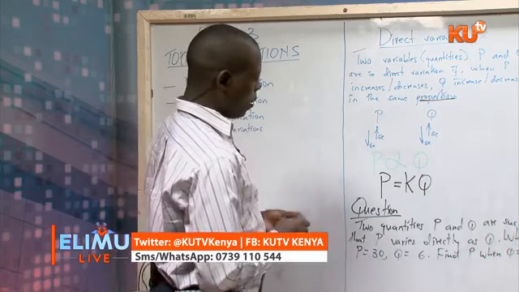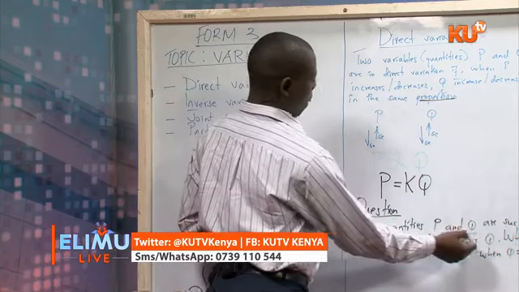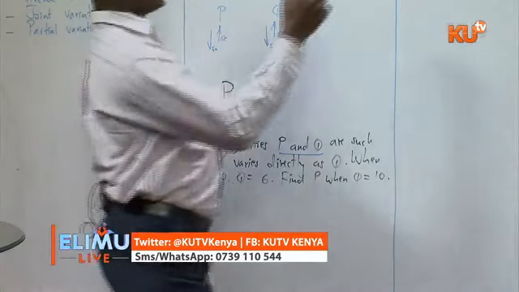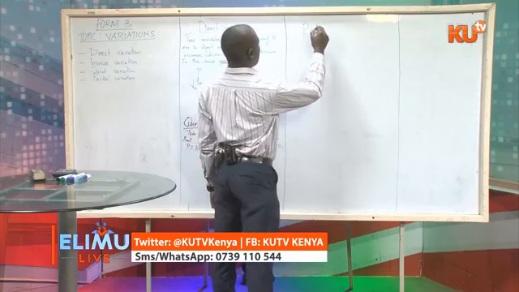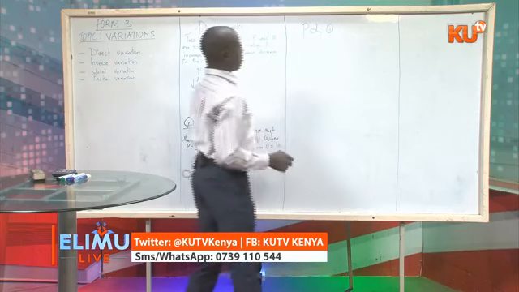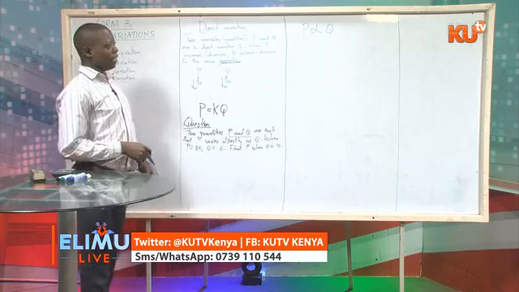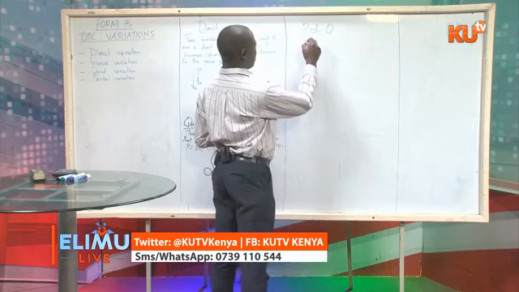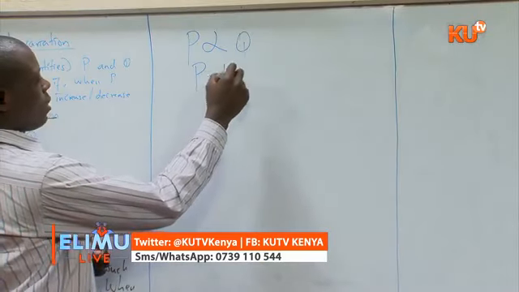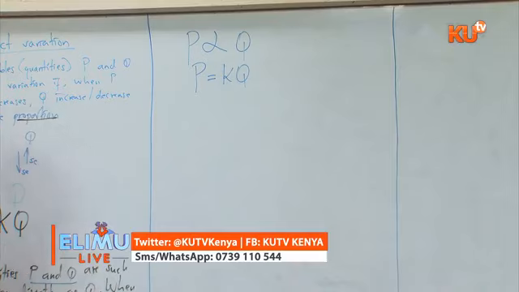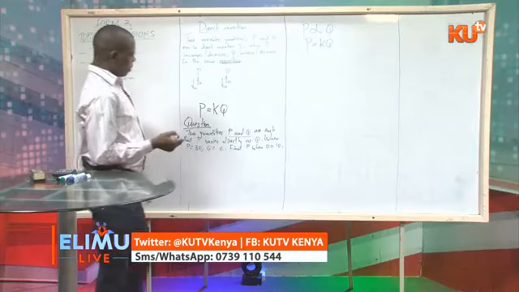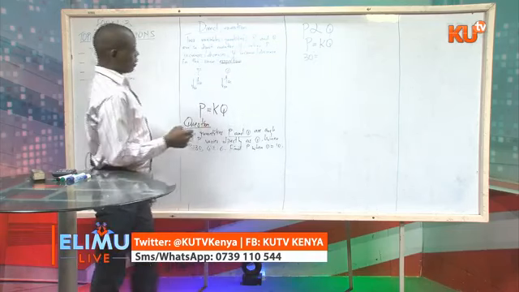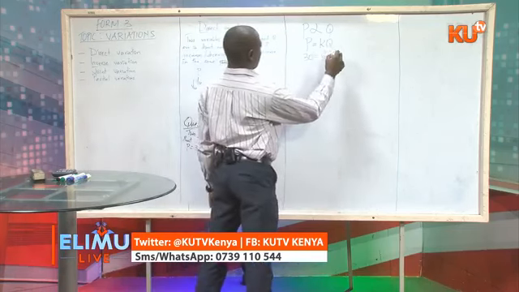So this is direct variation, and we are looking at two quantities, P and Q. P is the one that is varying directly as Q. So we express this as P varying directly as Q. But the sign alpha representing proportion has no mathematical equation, so we eliminate the sign and bring in an equal sign with a constant, KQ. We replace in the figures: when P is 30, Q is 6, so we have 30 is equal to 6K.